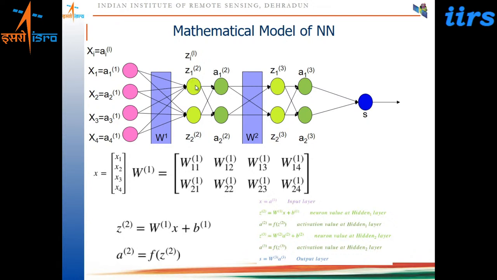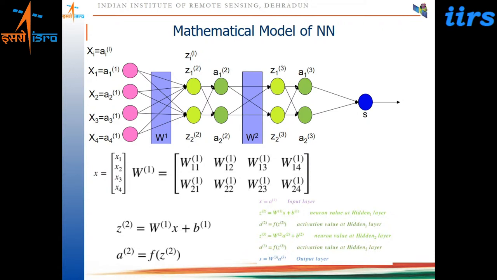The first row of this W matrix represents the input weights to the first hidden node, and the weights to the second hidden node of the first layer are represented in the second row.